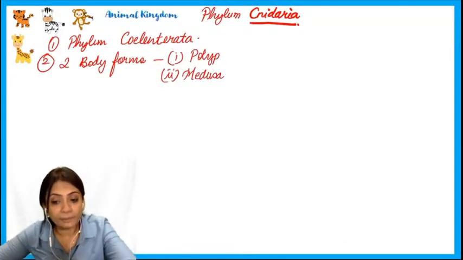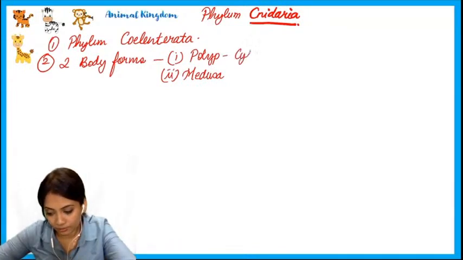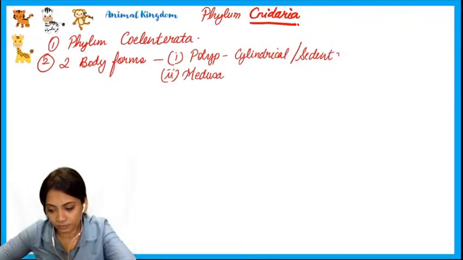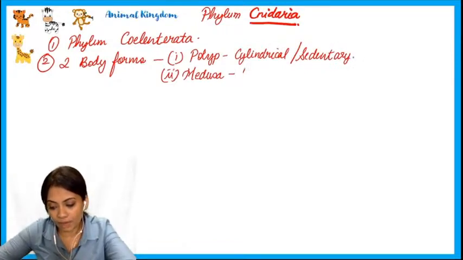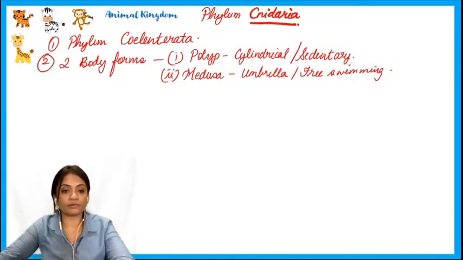Okay, polyp body form was that body form which was cylindrical and it was sedentary. Whereas medusa was the one which was umbrella shaped and it was free swimming like a jellyfish. Okay, free swimming. All right.